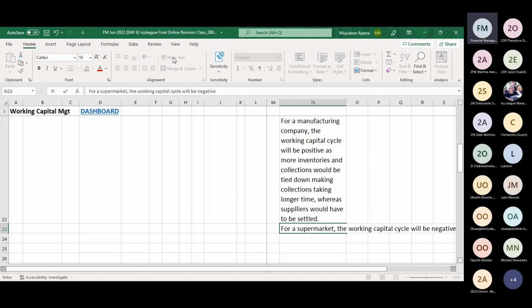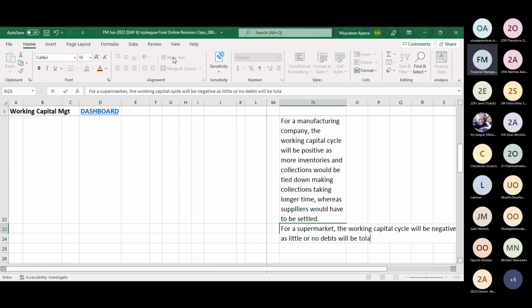Reason? So considering your sales, little or no debt, no credit sales. So that will not be tolerated, isn't it? Level of inventories.